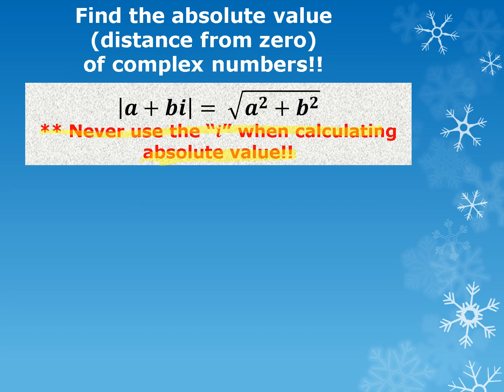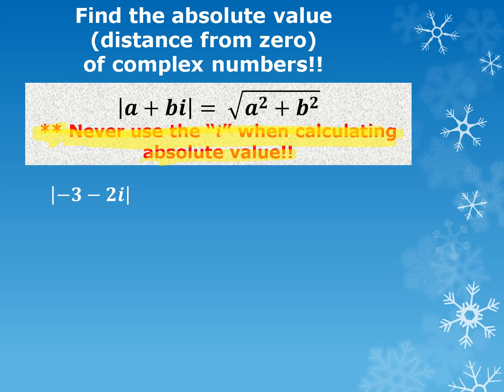Never, ever, ever use the i when you're calculating absolute value. There will be no partial credit on this. If you do, you're going to get it wrong.